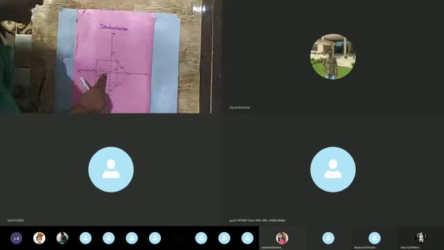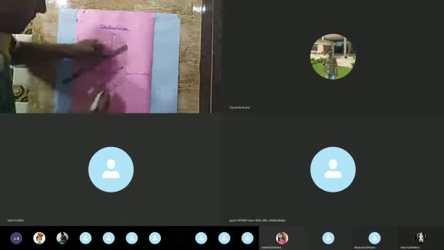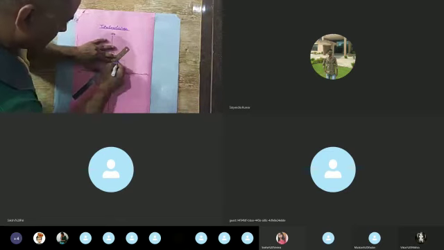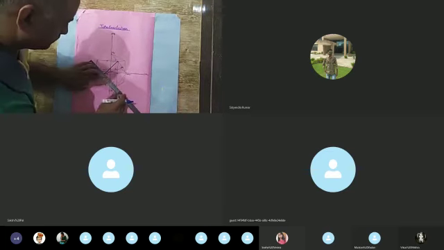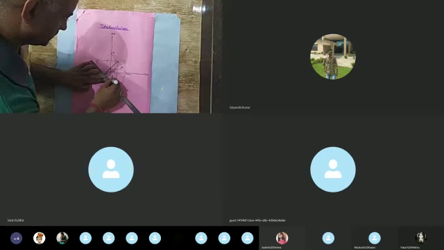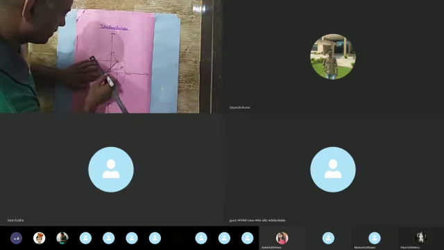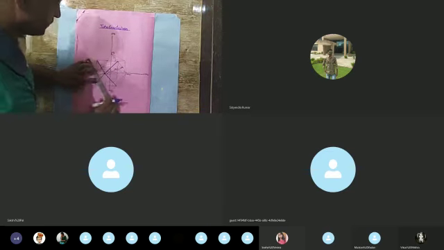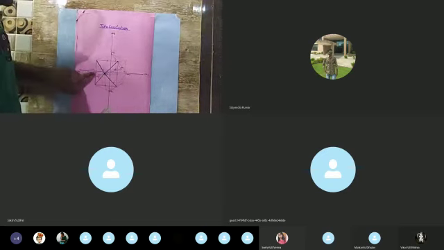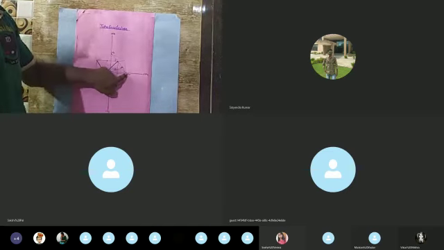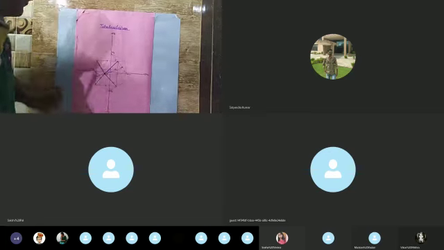The next step is to join plus A1 with the 4 corners of the square internally. So this is 1, 2, 3, and 4. These are front faces. Then join minus A2 and plus A2 with 2 corners of the square externally.